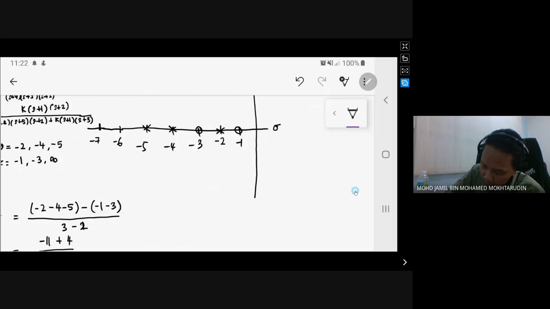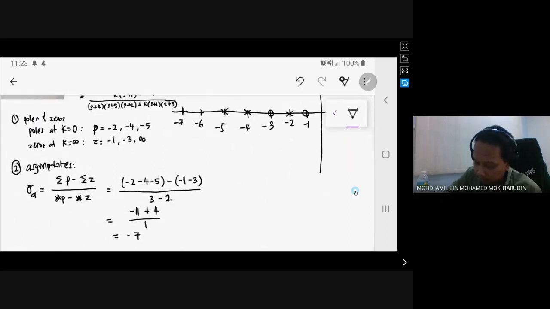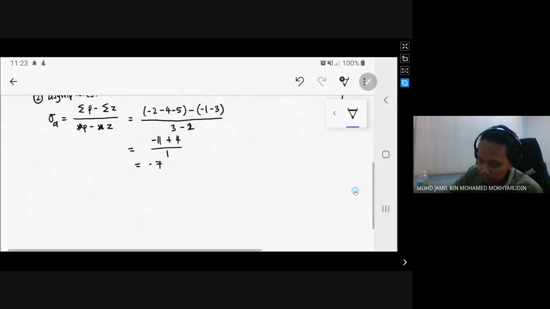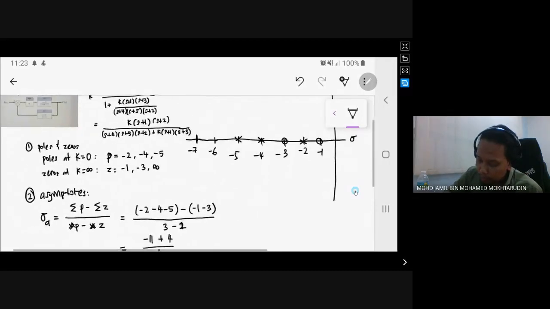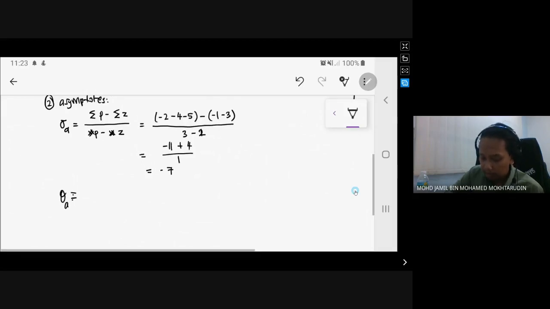So ni kita punya sigma, okay. Sigma kita, sigma A at -7. Okay, and then we find theta A, the asymptote angle.